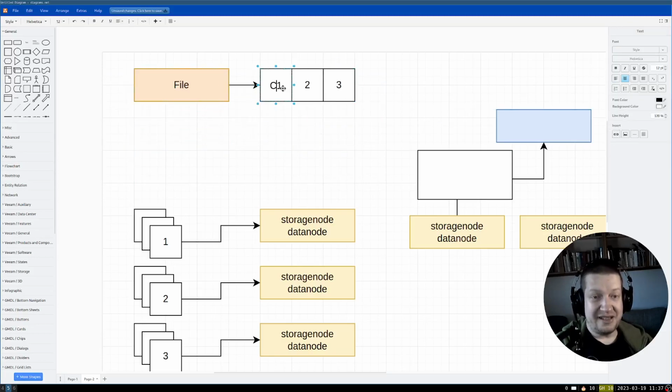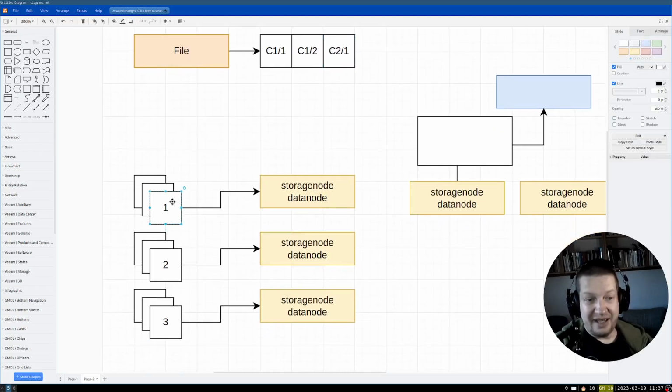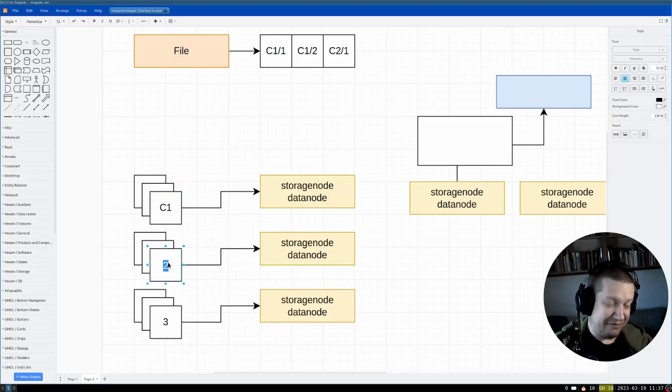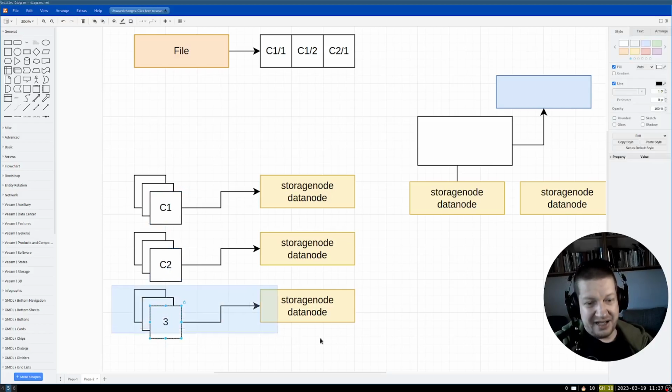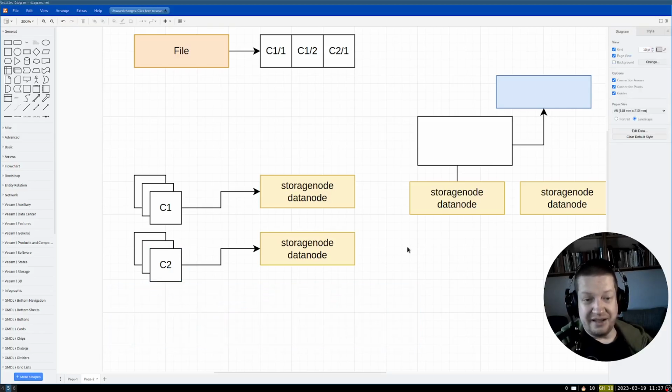So this is somewhere in the first slot in container 1. This is in the second slot in container 2, and this is in the first slot in container 2. And the containers are huge, like 5 gig or more. So it's enough to replicate the containers.